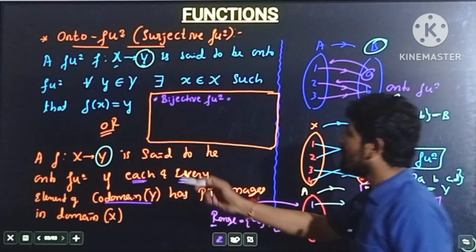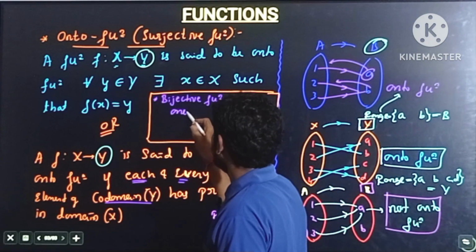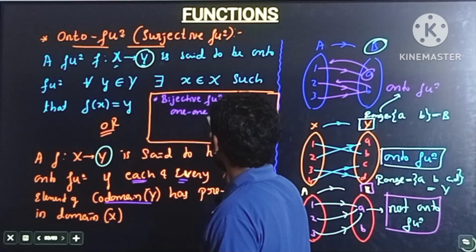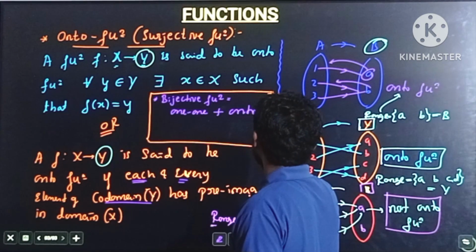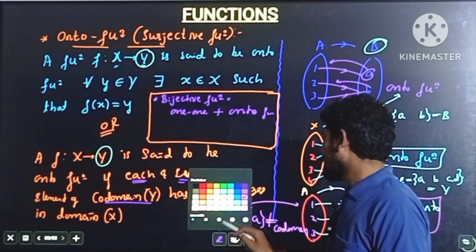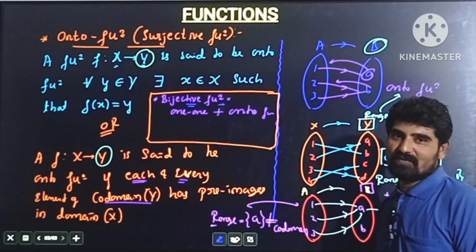The functions which are one to one and onto are called bijective functions.